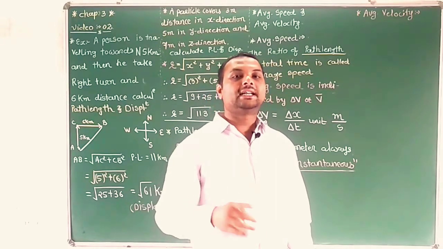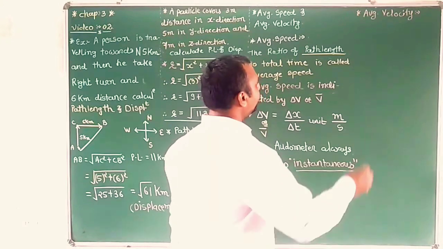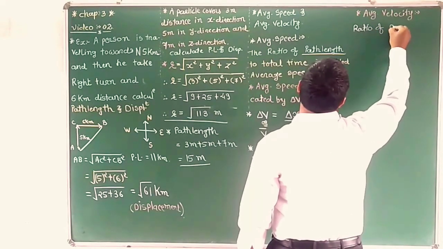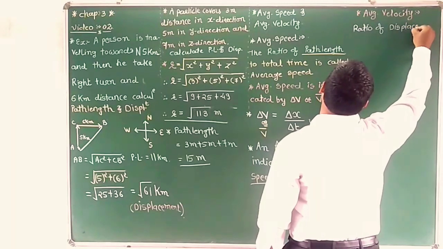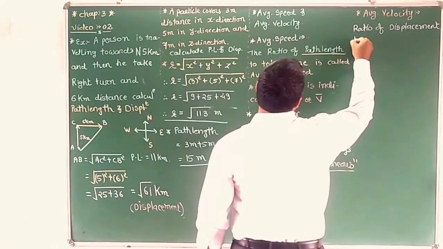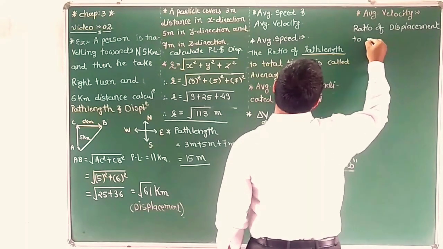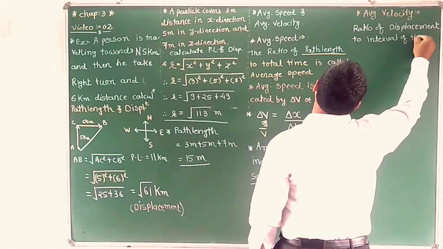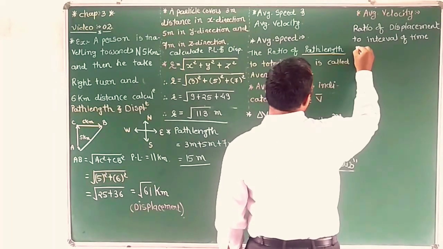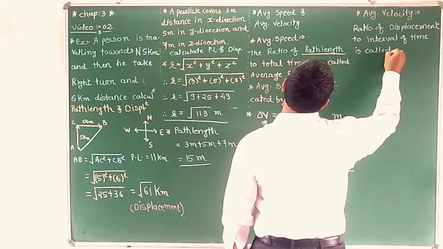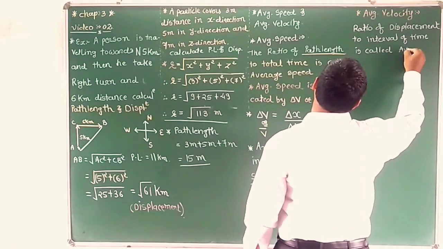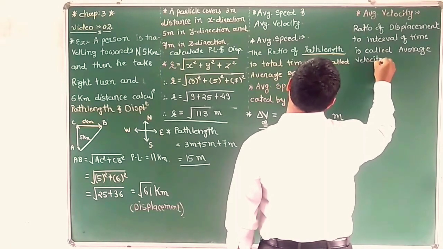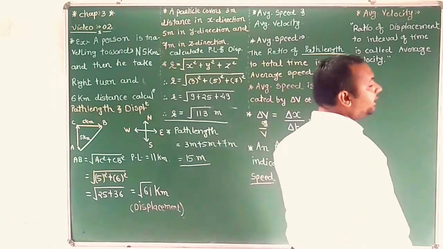So the ratio of displacement to the interval of time is called average velocity.